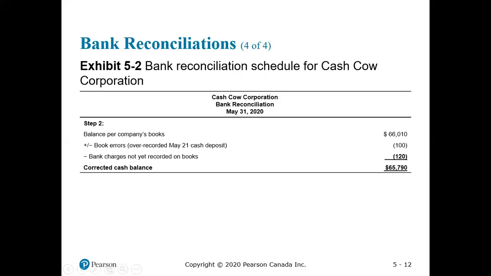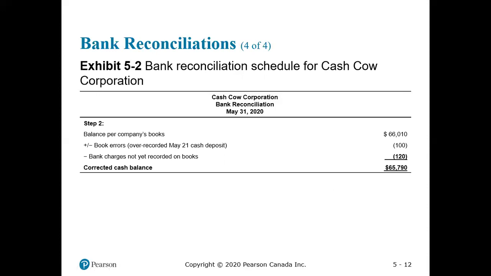So then we would go to step 2, which is to take the balance per the company's books or the general ledger and subtract it for anything that's gone through the bank, but that we haven't yet put through the GL. So in this case, there was an error in the books for $100 related to a cash deposit. They had posted that incorrectly, so that amount needs to be subtracted.